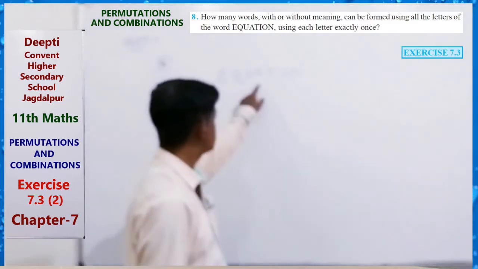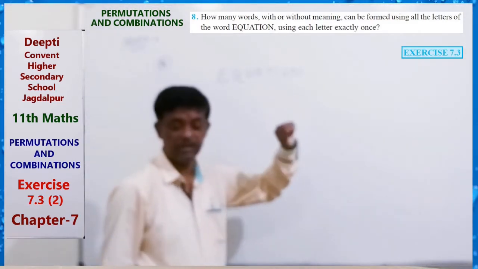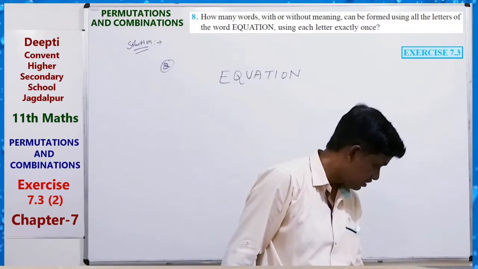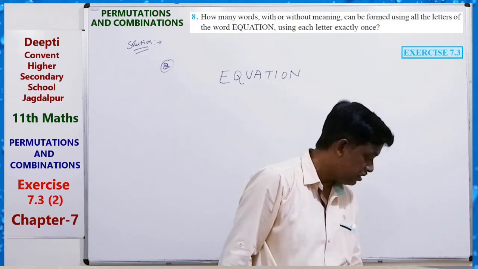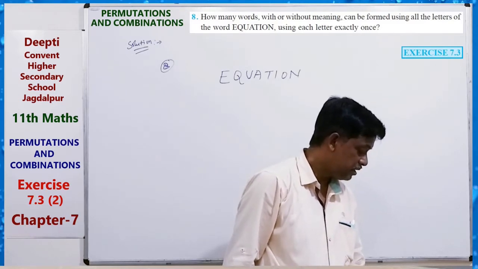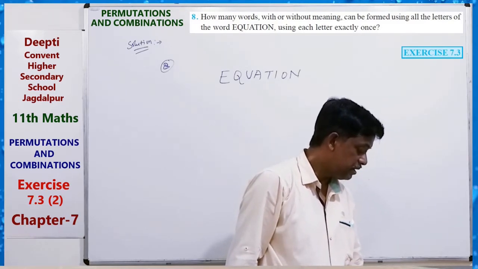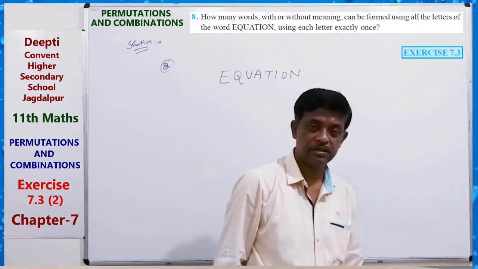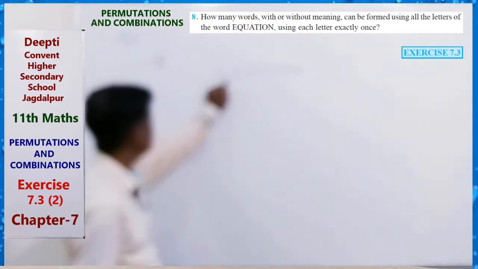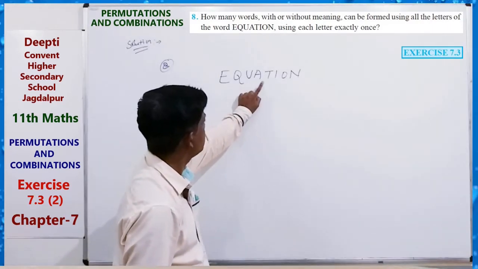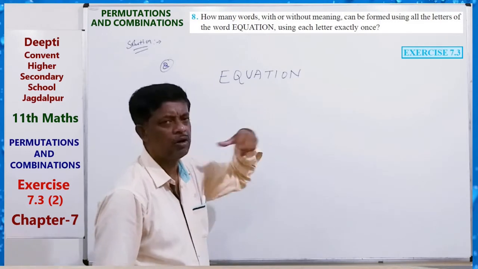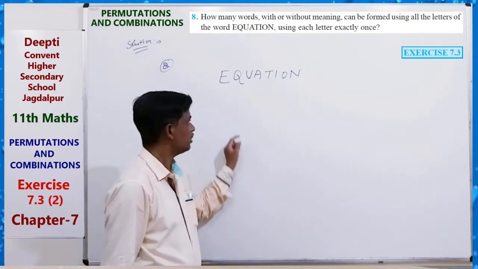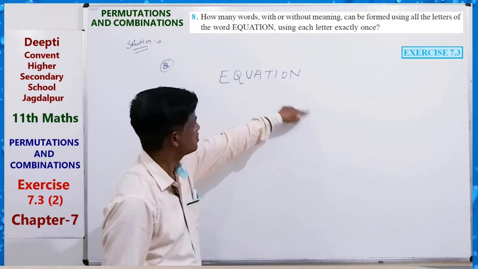By using these letters of this word, how many words can be made using each letter exactly once? So here we see that E, Q, U, A, T, I, O, N are all different letters. There are no repeated letters. No letter is repeating.